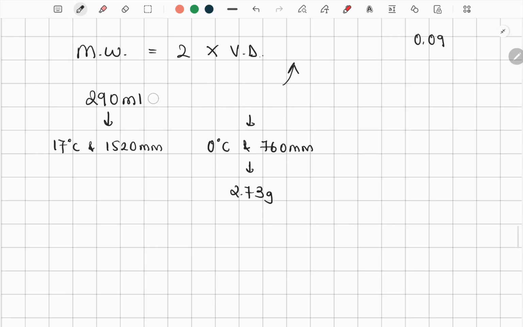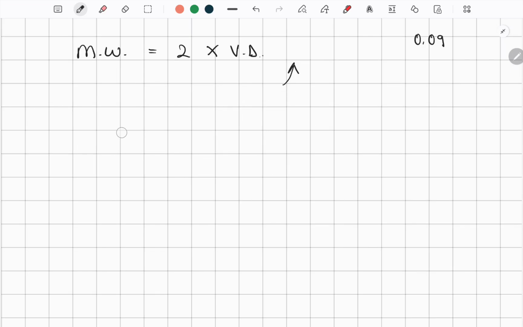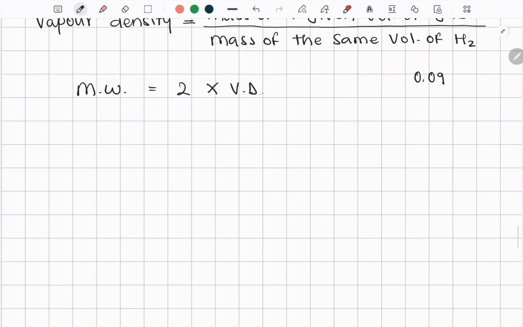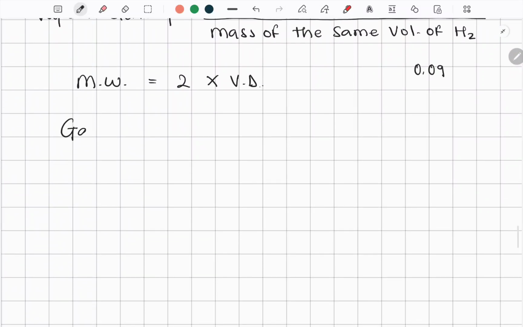The pressure, volume and temperature are given, but at different physical conditions and not at s.t.p. Then what should we do? We should use the gas equation: P1 V1 upon T1 is equal to P2 V2 upon T2.